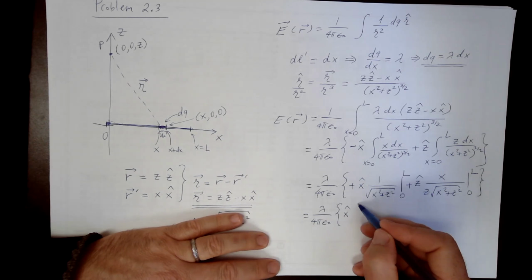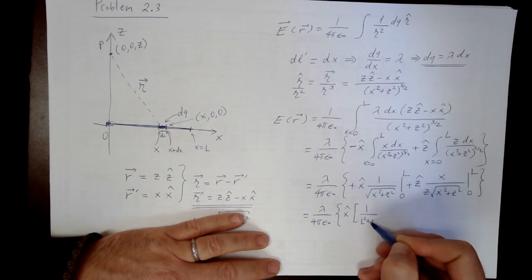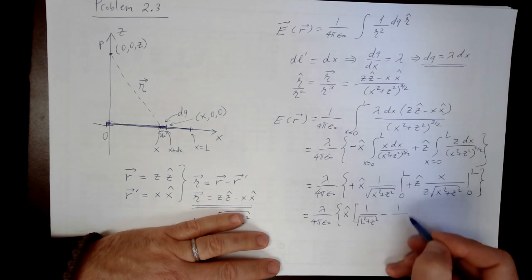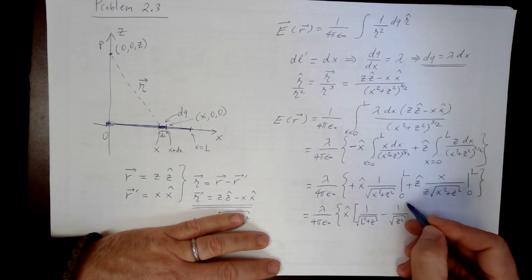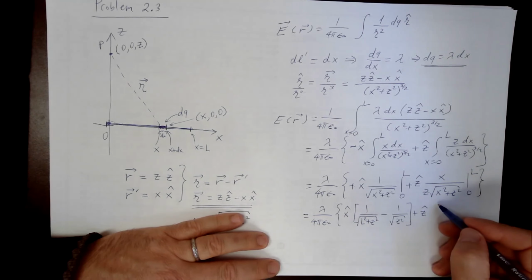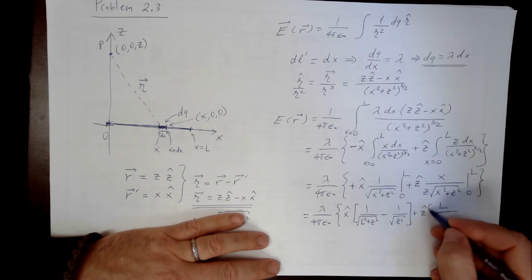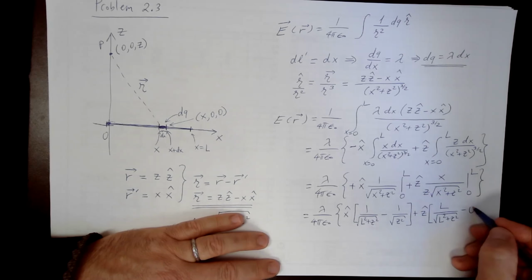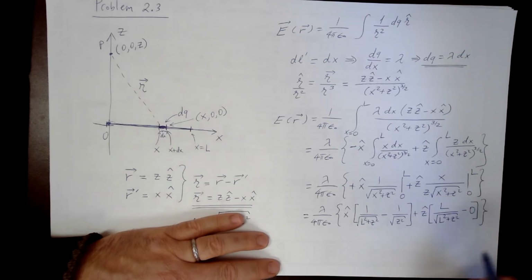Now at L, I have 1 over square root of L squared plus z squared, minus, at 0, I have 1 over square root of z squared, plus z hat, and at L, I have L over square root of L squared plus z squared, minus, and then I have 0. This makes this entire thing 0. Right? So this is what I have.